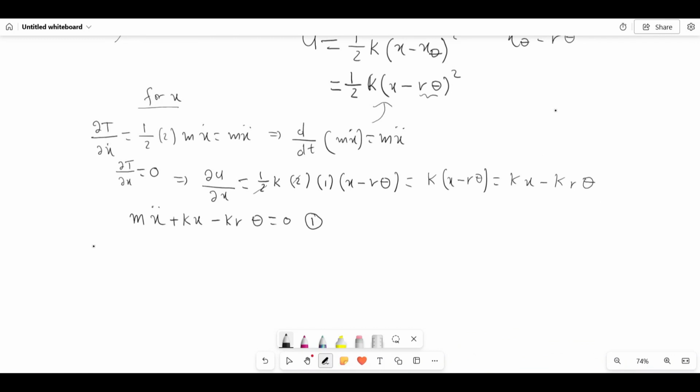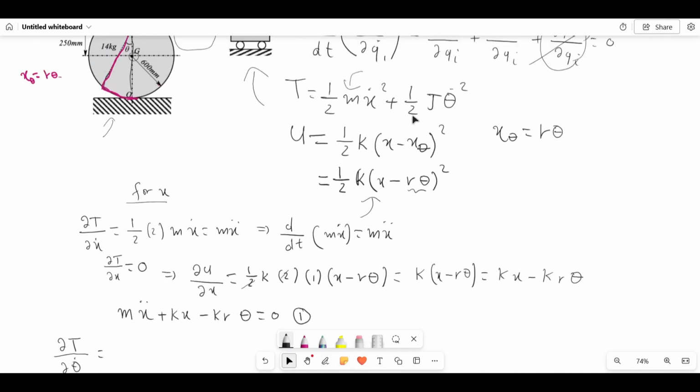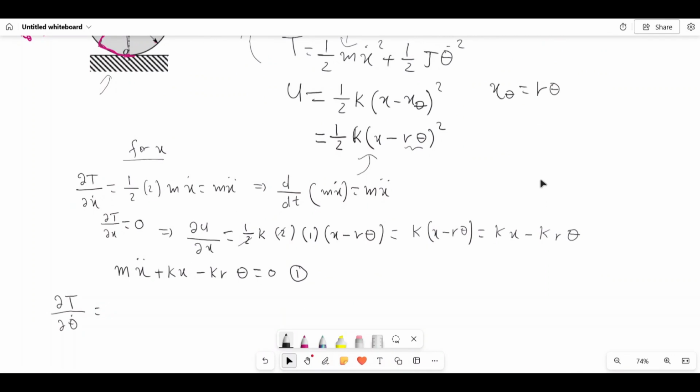We do the same thing, which in this case will be partial t, partial theta dot. Now, as you can see from the kinetic energy, only one expression has theta, this one. So this term here will be 0 automatically without thinking much. So what we'll be having here will be half. The 2 will drop.